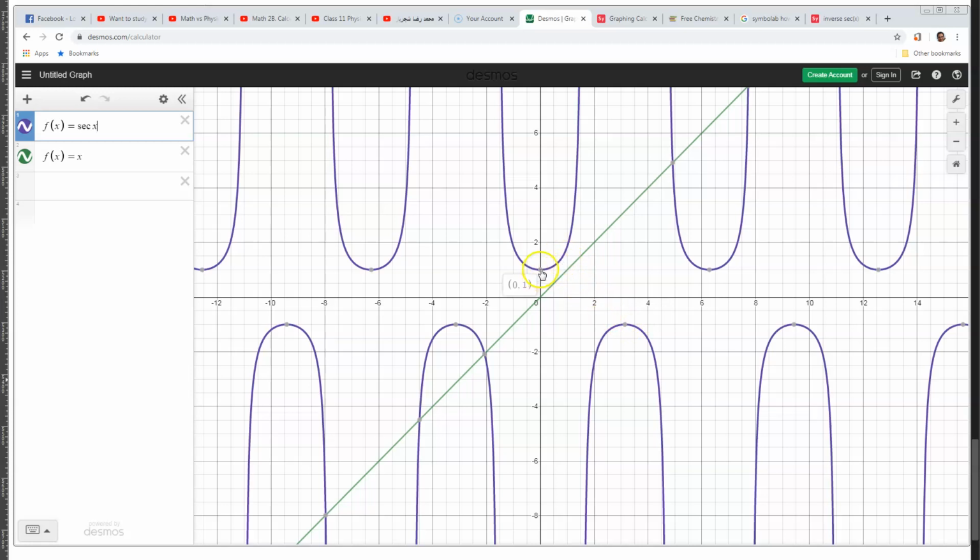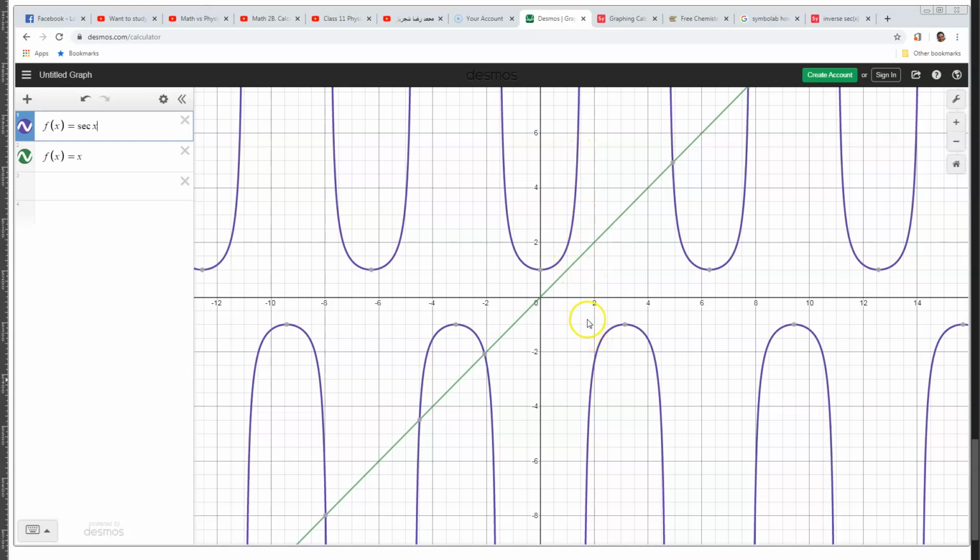You see, this is 0, and this is pi, right? So we can restrict the domain of this function to 0 to pi.